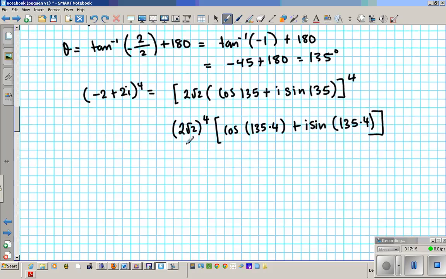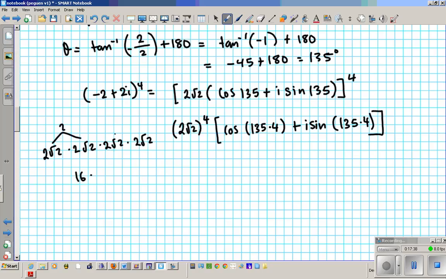So what's 2 root 2 to the 4th? It's just like 2 root 2 four times. If you do the math, 2 times 2 is 4, 4 times 2 is 8, 8 times 2 is 16 times these 2's.